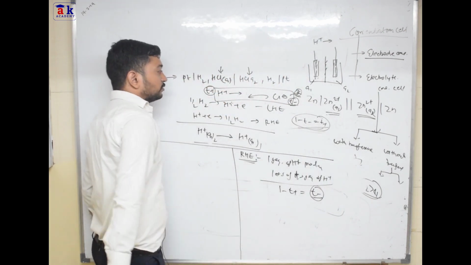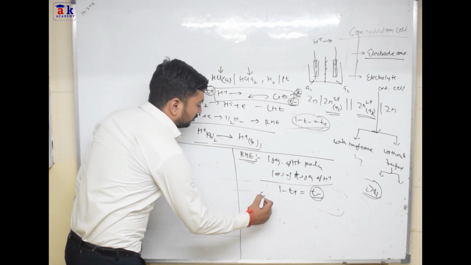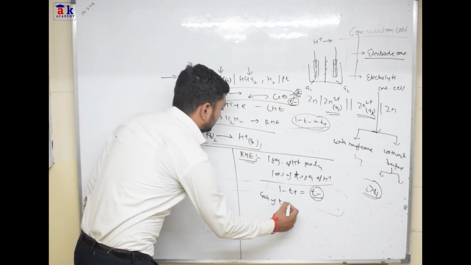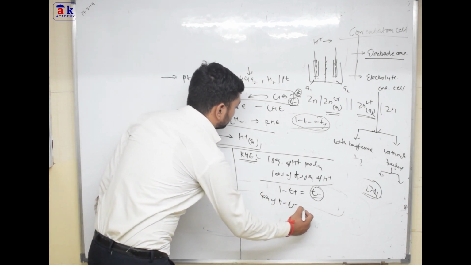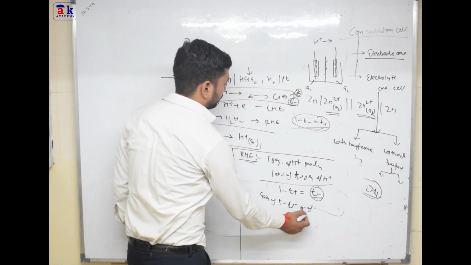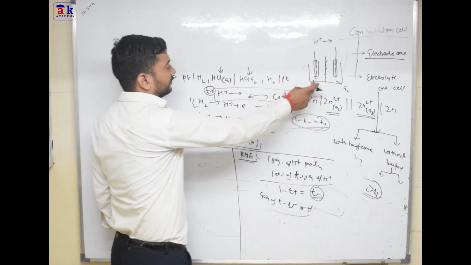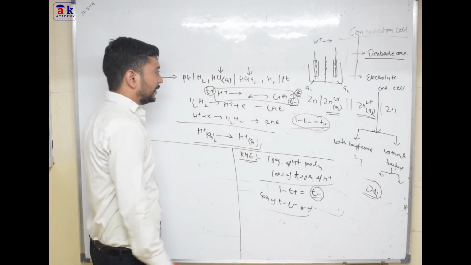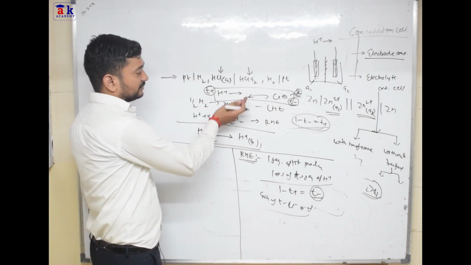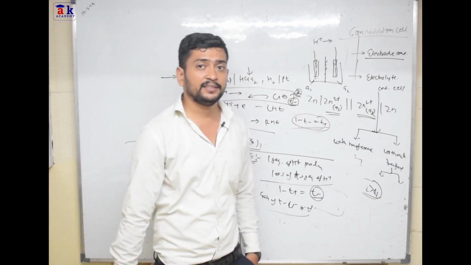Again, one more thing happens over here: there is gain of t minus Cl minus gram equivalent. Actually Cl minus is migrating from the left side to this side, so that's why on the right hand electrode there is gain of t minus Cl minus gram equivalent.